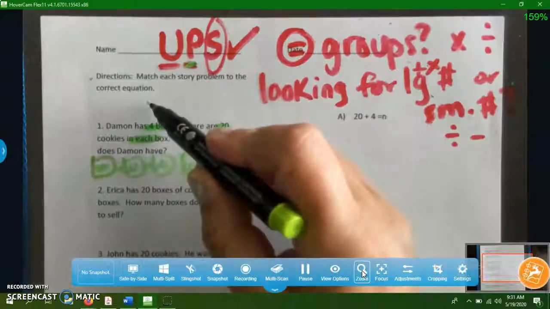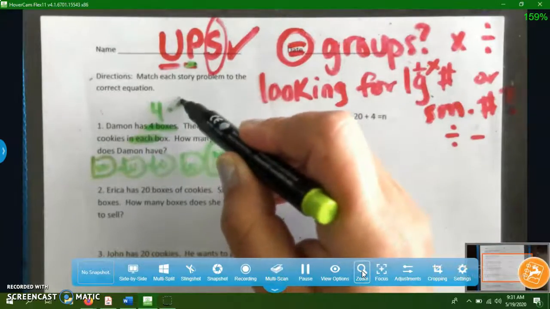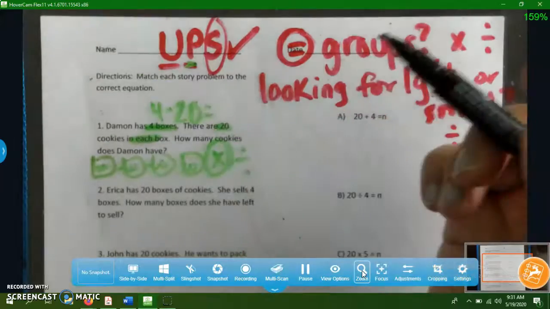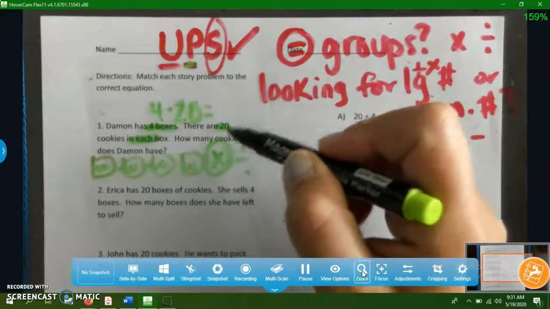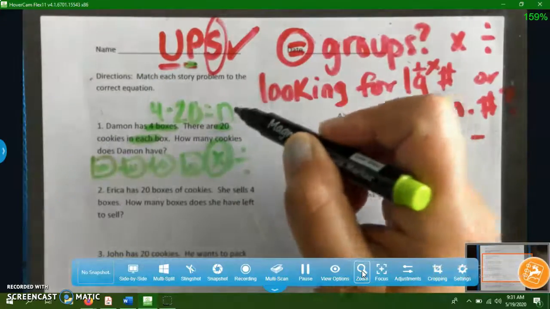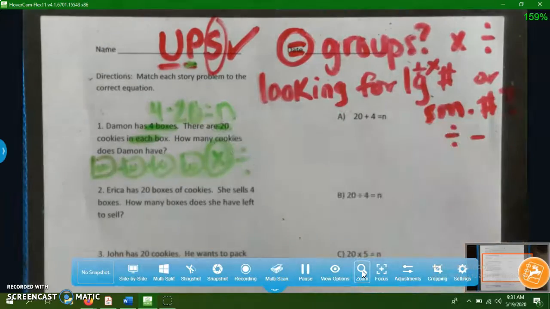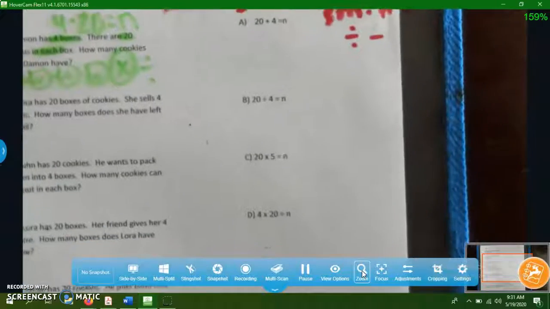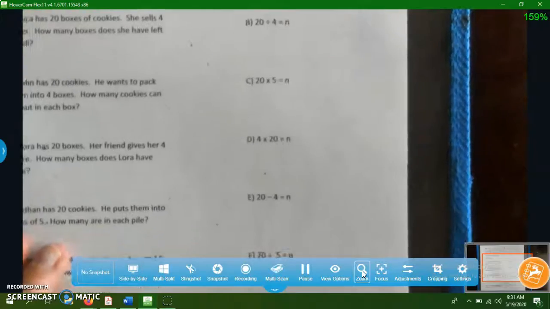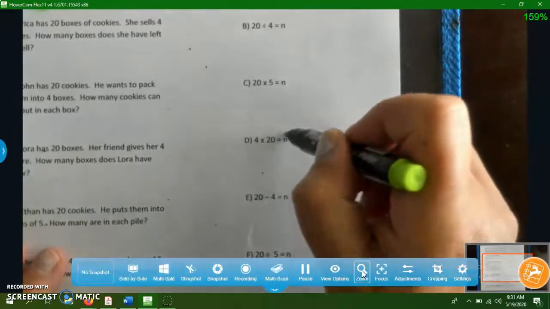So what I'm looking for here is 4 times 20 is going to give me that answer to this question. How many cookies does he have? So I'm going to put a variable there. So I'm looking for 4 times 20 or 20 times 4. And I look to my list over here, and it is D.